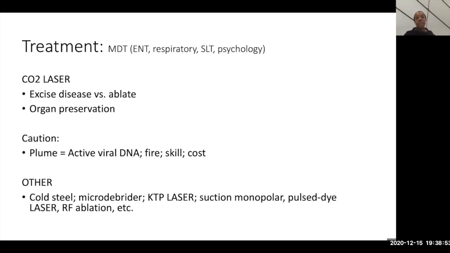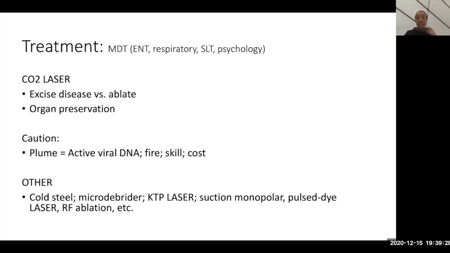And also there's the skill to use a laser, to have an anesthetist that can jet ventilate your patient, or an anesthetist who can run TIVA, or a facility that can afford to buy the propofol for TIVA. All of those things have an impact on what kind of tool you use to manage these patients. So it's not unusual to have some centers here and abroad using cold steel. Microdebrider is very common in kids because of the bulkiness of the disease they have.